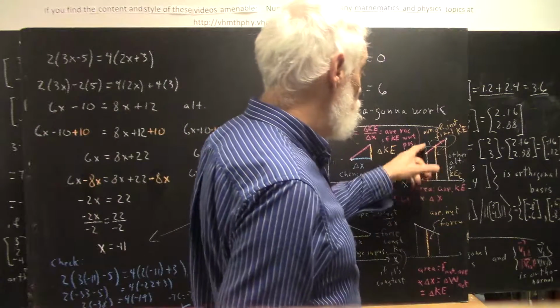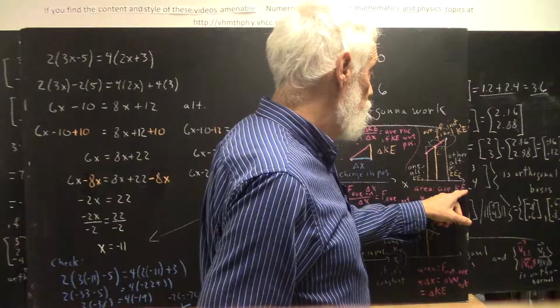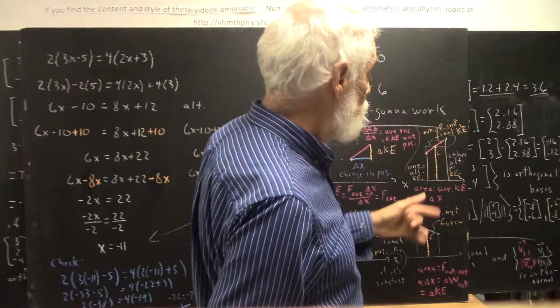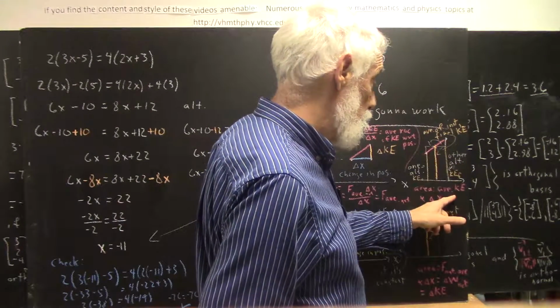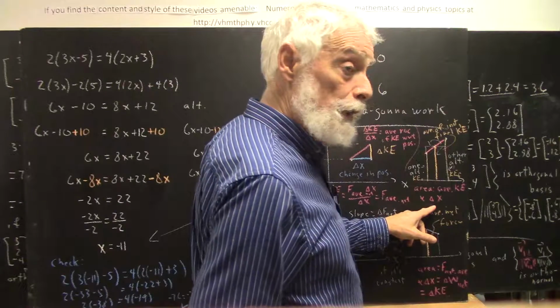So the area of the trapezoid is the average kinetic energy times delta x.